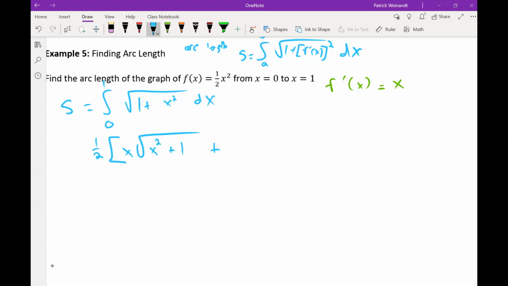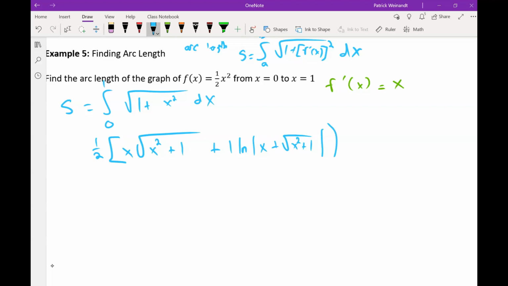Plus the ln, the natural log, of the absolute value of u, x, plus the square root of x squared plus 1 squared again. Close that absolute value sign, close that parenthesis, and it would be plus c if it was an indefinite integral, but we're doing a definite integral.